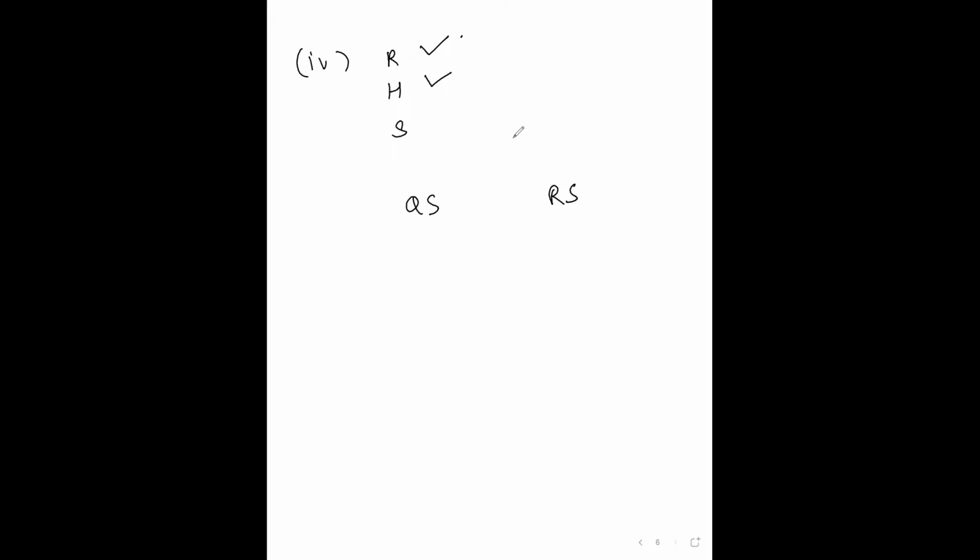PS. PS, and in the other triangle, what is that side? PS. Yes, PS is common in both of them or not? It is. So do we have a side that is equal or not? Yeah, but how is it a side?